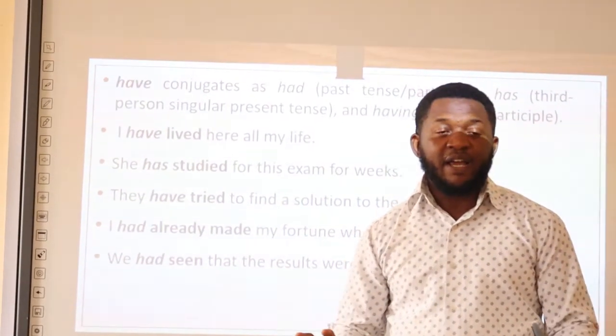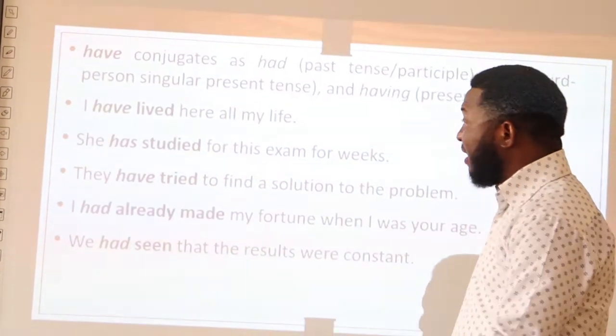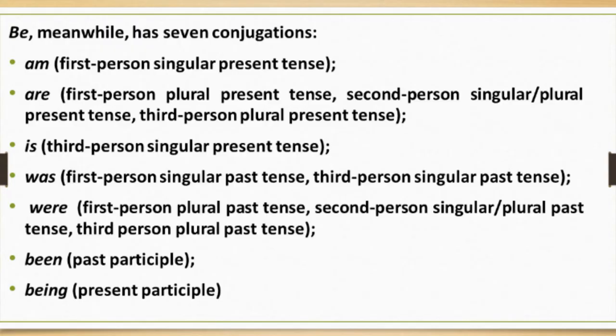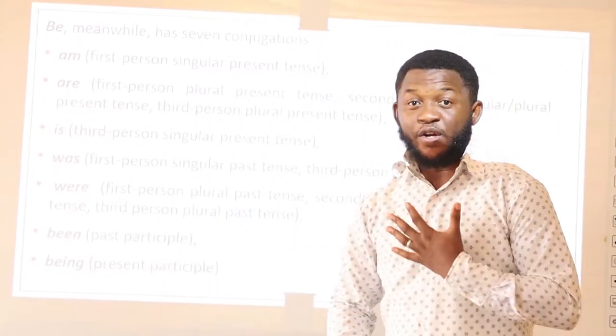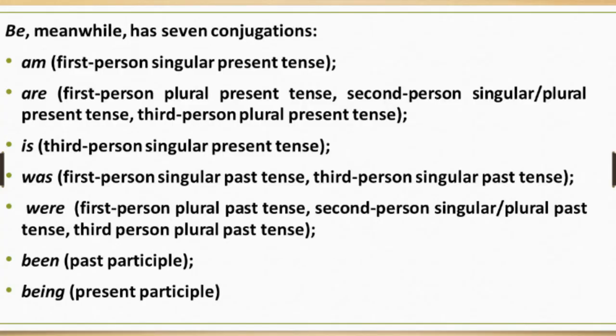Now, the most complicated one we're going to look at is the verb be, because unlike the verb have and the verb do, verb be has 7 ways of conjugating. One is am, used for the first person singular. For example, I am a teacher. We have are, used for the first person plural present tense, second person singular or plural present tense, and third person plural present tense.